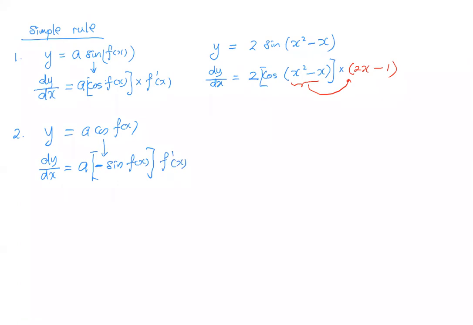Okay, so now if I give you a cos example, I differentiate. What should I change the cos to become? Negative sin. Copy down the angle.